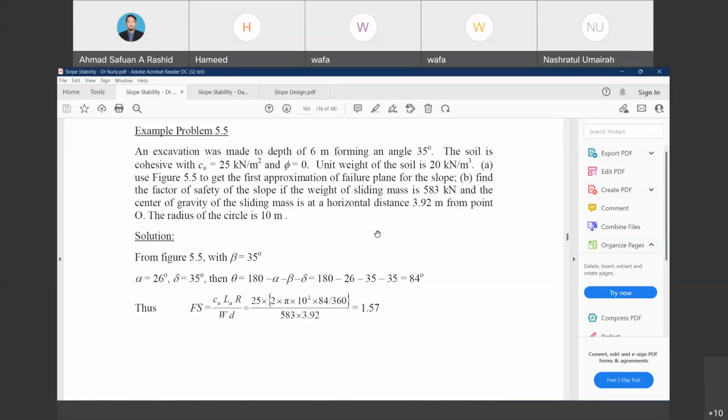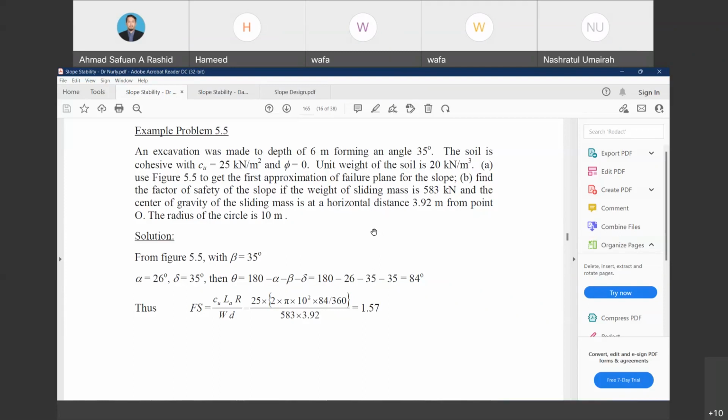Then find the factor of safety of the slope. The weight of sliding is 983 kilonewton, and the center of gravity of sliding is at a horizontal distance 3.95 meter from the point O. The radius of the circle is 10 meter.